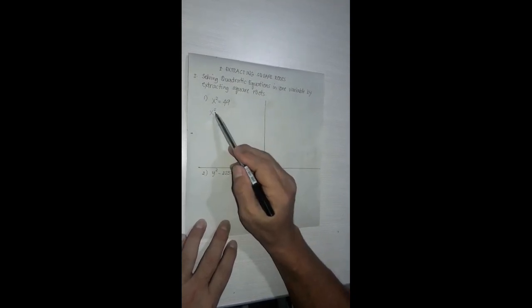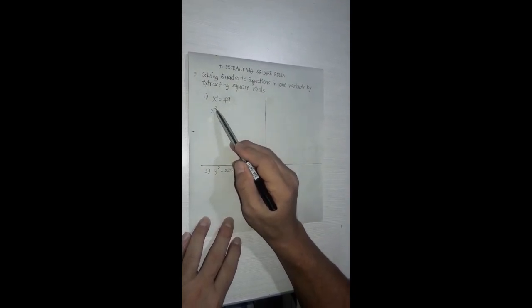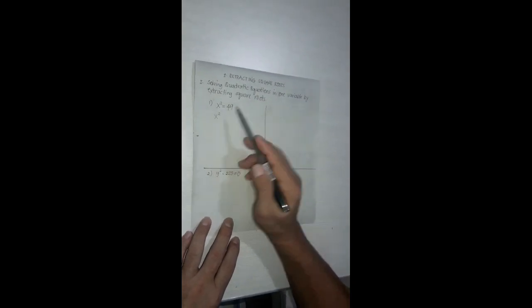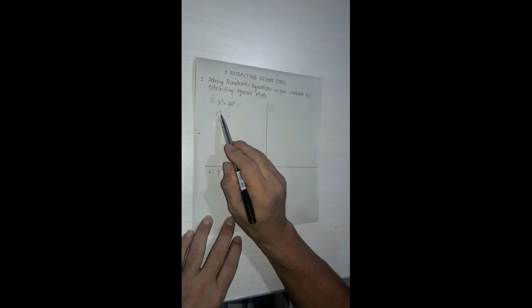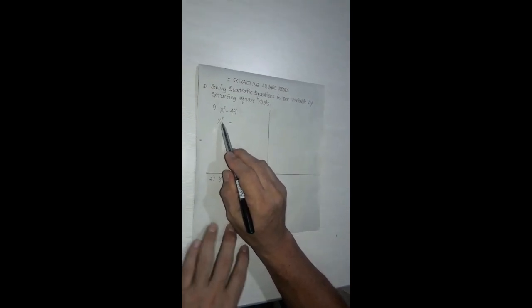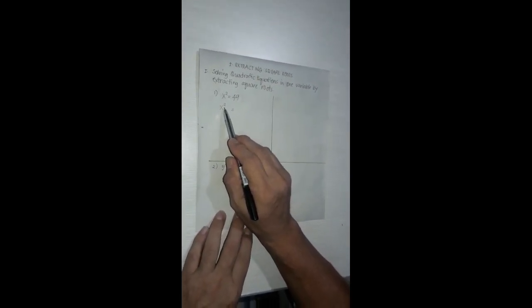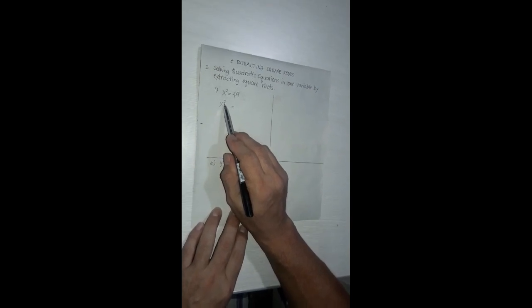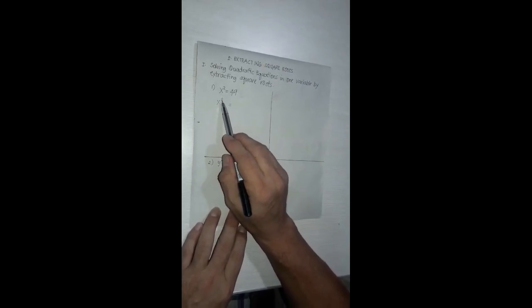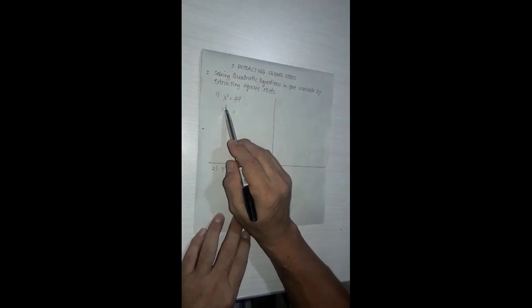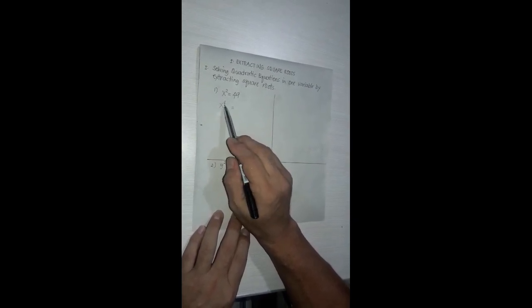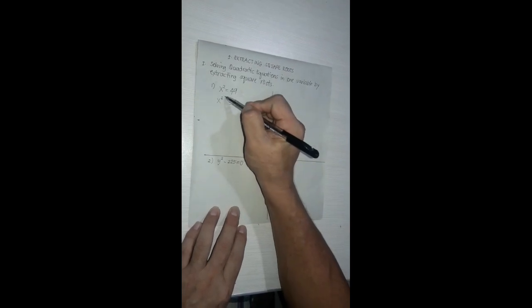We want to eliminate the exponent 2 of x. In order to eliminate the exponent of the base, we have to multiply the exponent by its reciprocal, and the reciprocal of 2 is 1/2.